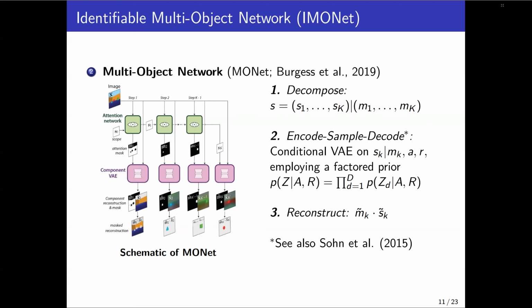In the MONET, we reconstruct not only the masked states, but also the attention masks themselves through the VAE framework, by approximating the posterior of the case mask given state-action-reward triplets and computing the Kullback-Leibler divergence from the state decoder, or the likelihood of the mask for case object given latent variable Z.